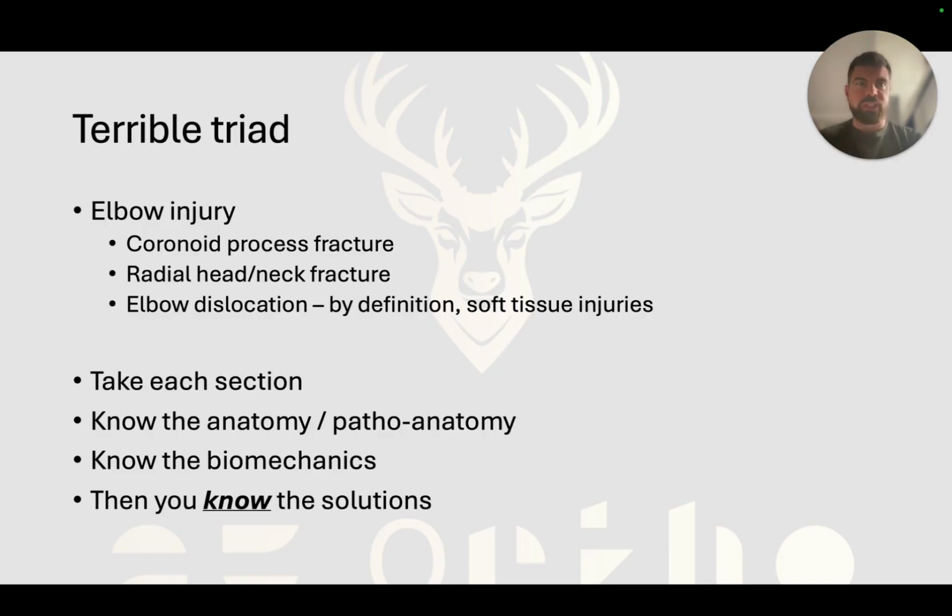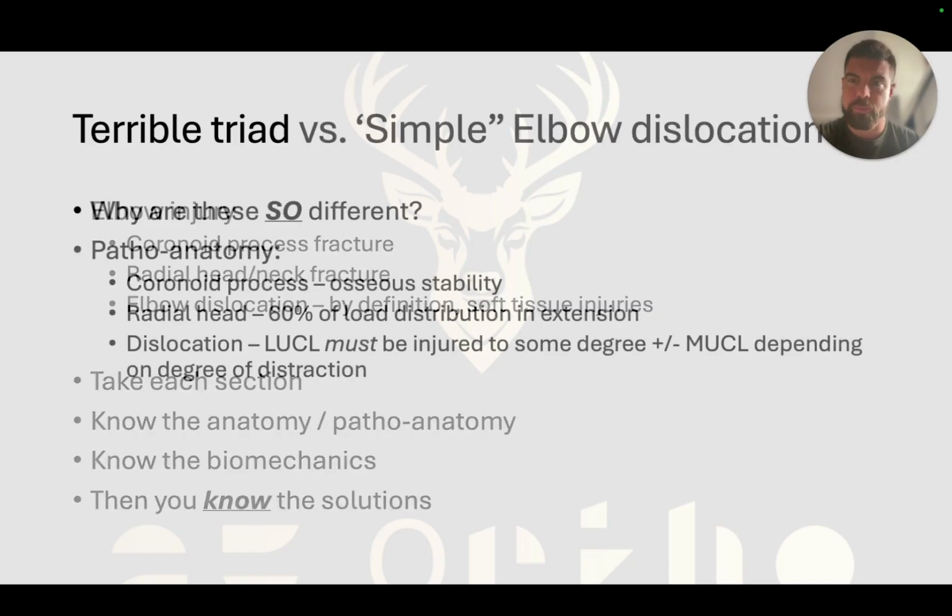Be sure that you understand the difference between a transolecranon humeral fracture dislocation, or rather elbow dislocation with the humerus going transolecranon, versus a terrible triad. Take each section, like we've touched on, know the anatomy and the pathoanatomy, and if you know the biomechanics that we've touched on in the instability talk, you can then know the solutions and, more importantly, the order in which you are going to address these.